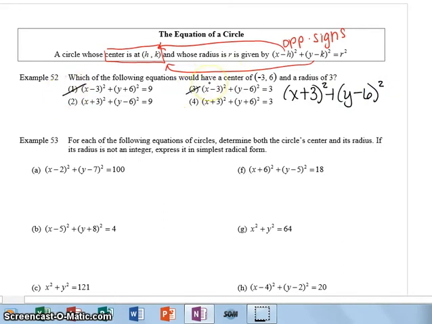So you can get rid of choices 1 and 3. All right, you could actually get rid of choice 4 too, because that has a plus 6, and by process of elimination, you know it's going to be choice 2. Okay, and don't forget, it told you that it has a radius of 3. So remember, that's radius squared, so 3 squared is 9.